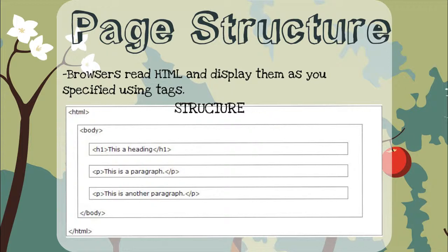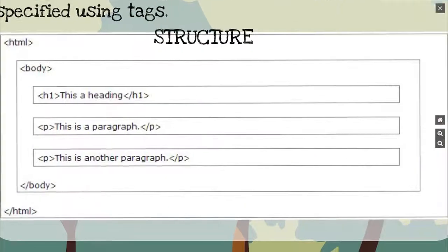Right over here is a visualization of an HTML page structure, and it consists of a starting HTML tag, which is very important, and then your body tag, and inside the body tag you have your heading, paragraph, and the closing body tag, and then you close the whole HTML document with your closing HTML tag with the /. But don't worry about that just yet. We'll talk about that in another lesson.